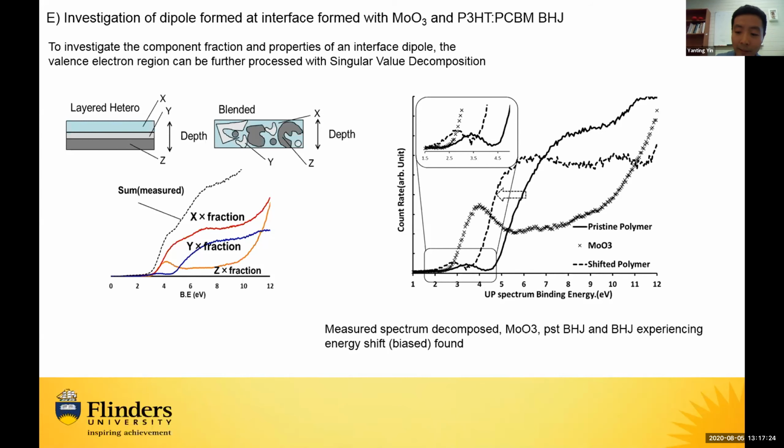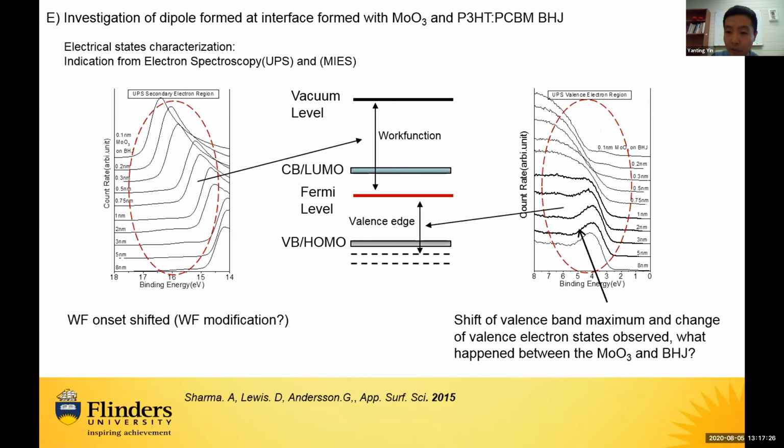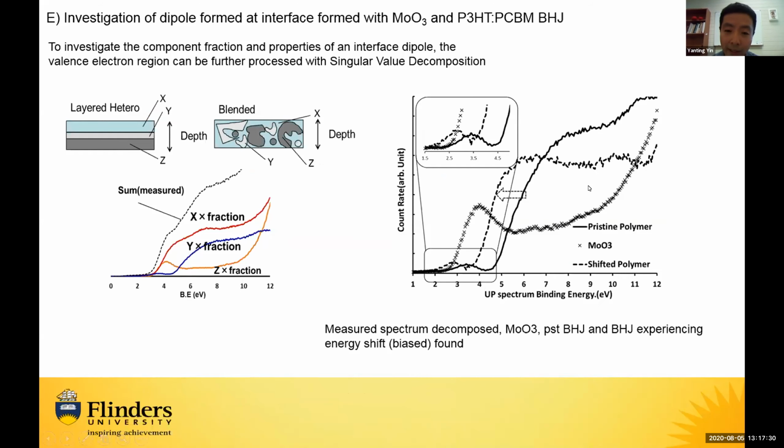Interestingly, if we decompose, for example, the right side of the valence region, what will we find? We find a molybdenum oxide spectrum that looks exactly the same shape as pristine molybdenum oxide. We also find a pristine polymer BHJ spectrum. But the most interesting is we find a third spectrum.